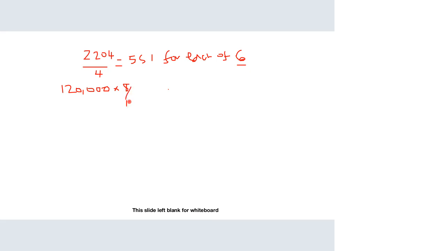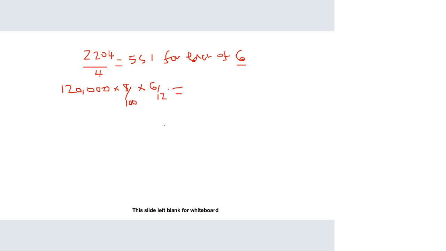We look at our problem there. Remember that this amount is paid semi-annually and not annually, so we multiply this by 6 out of 12.